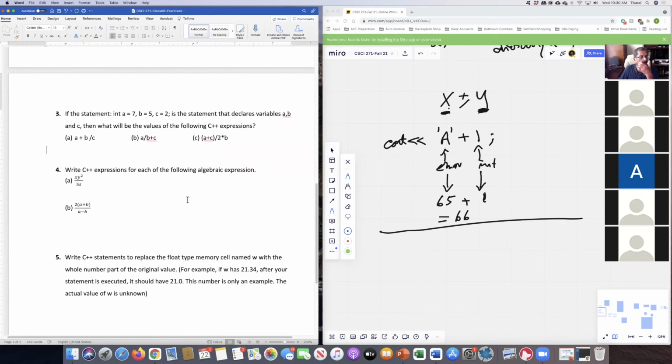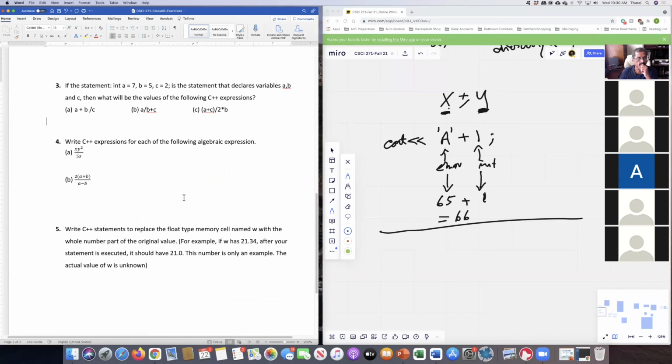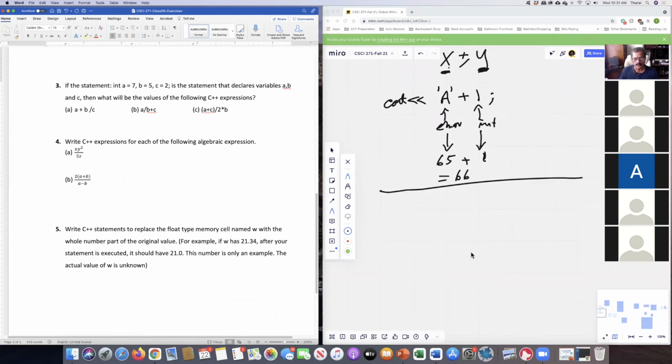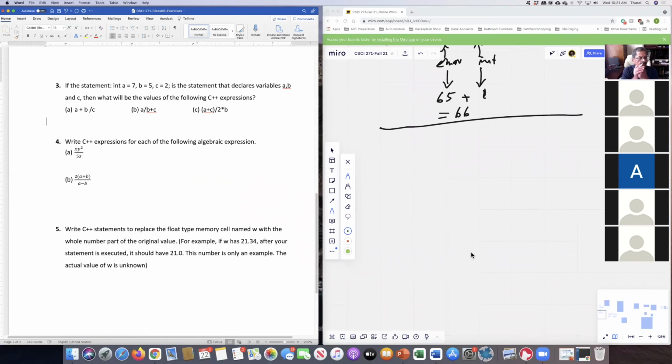Okay, write this expression in C++. You're short on time, so I'm going to ask you to tell me the answer. Anybody has an answer, go ahead and tell me how to write this in C++.